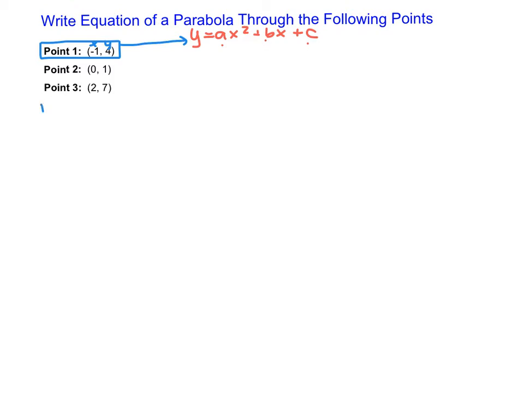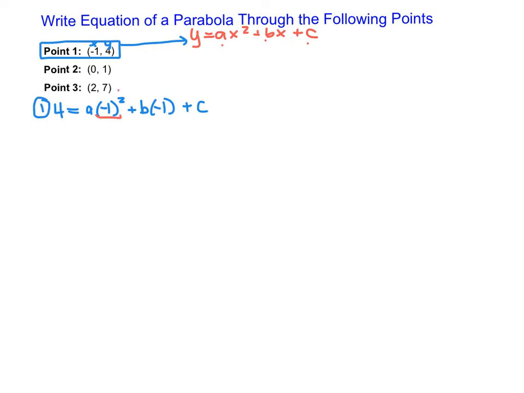And I'm going to start with point 1 here, and I'm going to create 3 different equations, one for each point. So in point 1, my y value is 4. So I have 4 equals, and I then have a times my x value of negative 1 squared plus b times my x value of negative 1 plus c. Now, a couple of things I know.